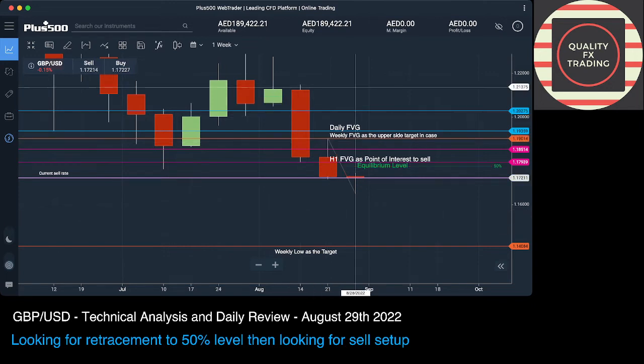And by then we can start looking for sell setup again to the main target, our ultimate target, which is located at 1.14100.